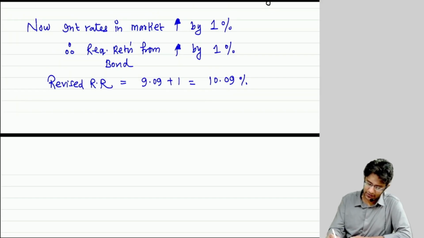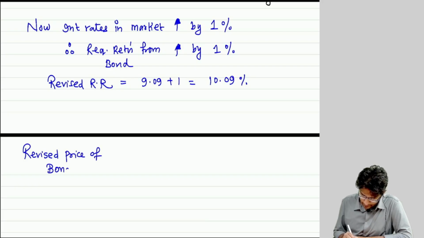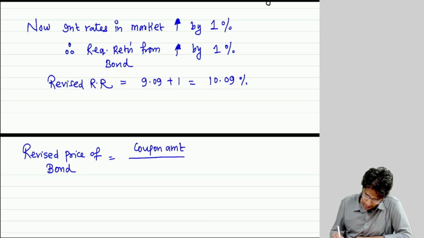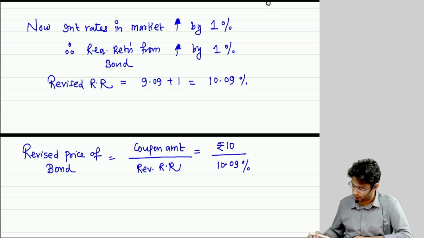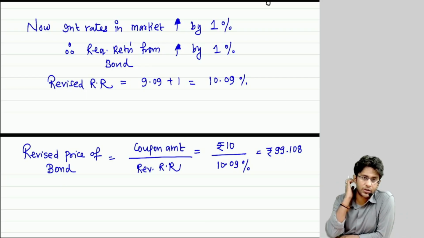He is asking the revised price, that's all. Our workout is 10 divided by 10.09%. The revised price of the bond.